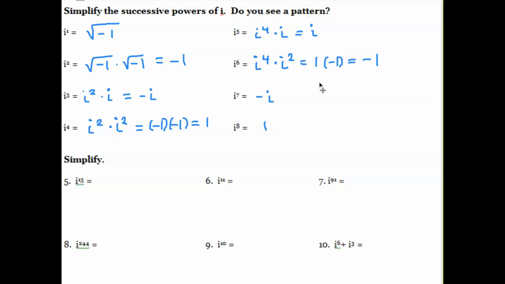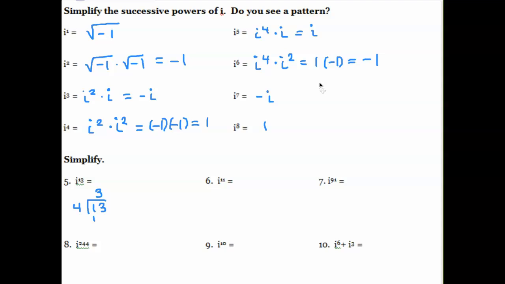So what you do to simplify these without having to count through your cycles of i is take the number here, so you're going to take 13, and you're going to divide it by 4. So 4 goes into 13 3 times. I don't really care about the 3.